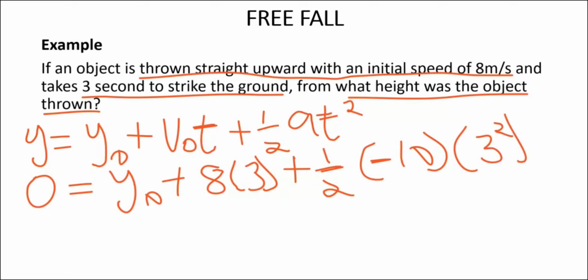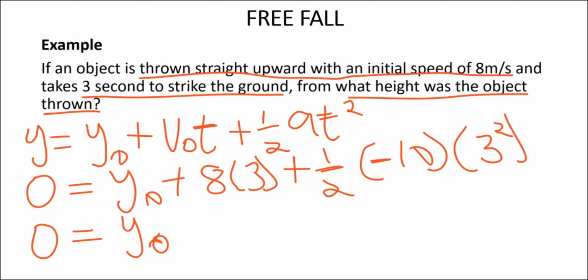So for us to get this value, it's equal to y0. Let me add it up. 8 times 3 is 24. This is 9 times 10, that will be 90.